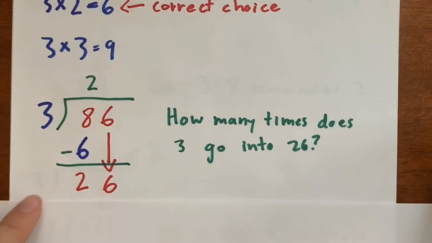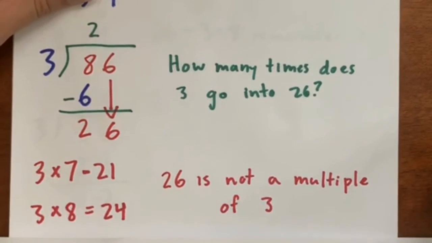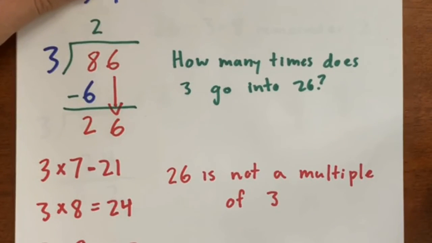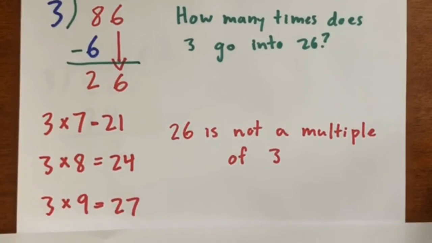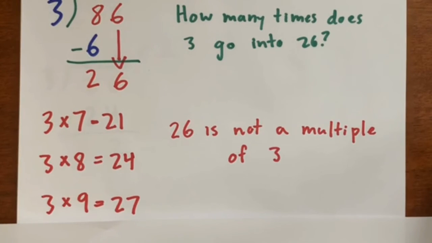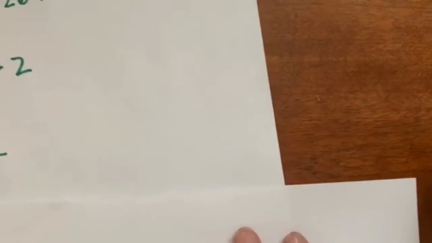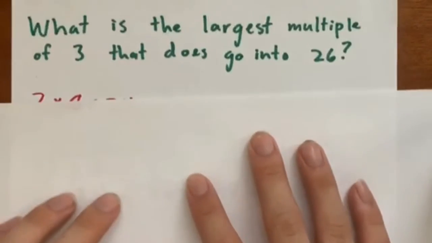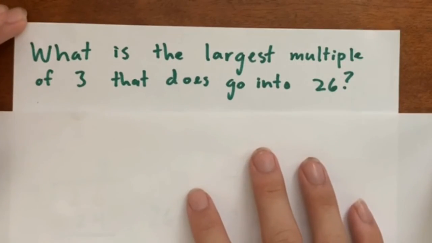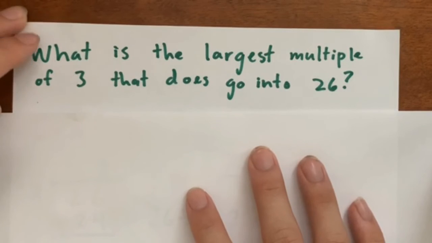Now we need to ask, how many times does 3 go into 26? We do 3 times 7 equals 21, 3 times 8 equals 24, and 3 times 9 equals 27. So we can see that 26 is not a multiple of 3. Then we need to ask, what is the largest multiple of 3 that does go into 26?